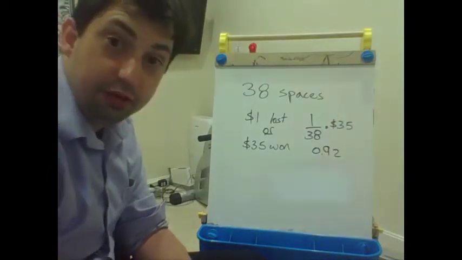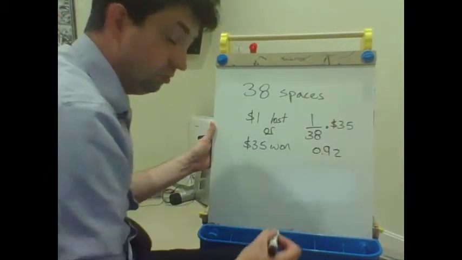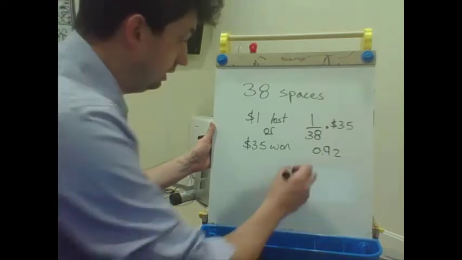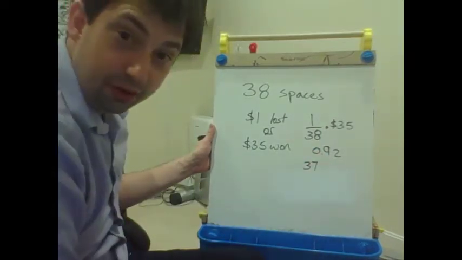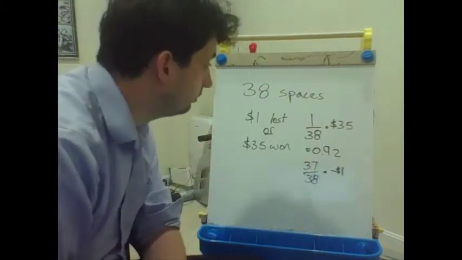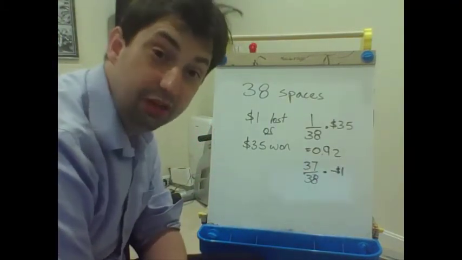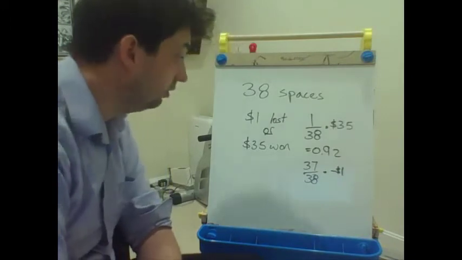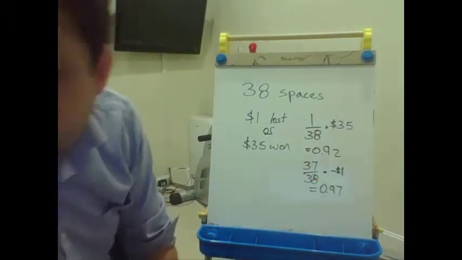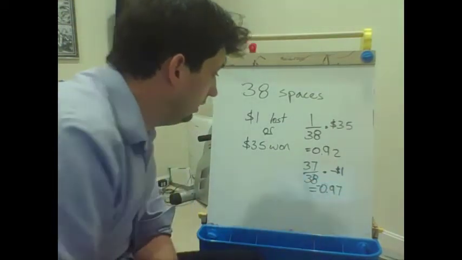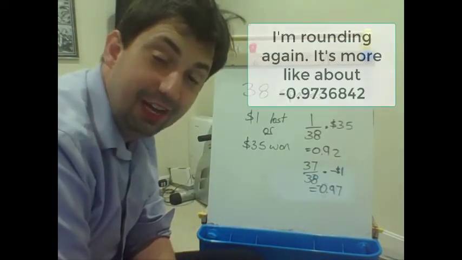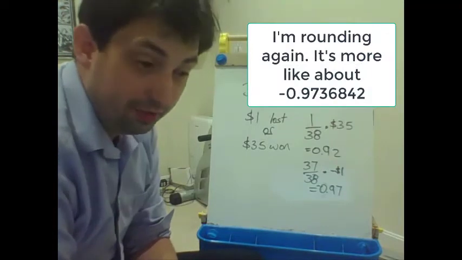However, that's not the only thing that can happen. We can also lose our money. That will happen 37 out of 38 times. Payoffs can be negative, right? If it's a loss, it's negative, of course. In that case, it's about negative 97 cents.